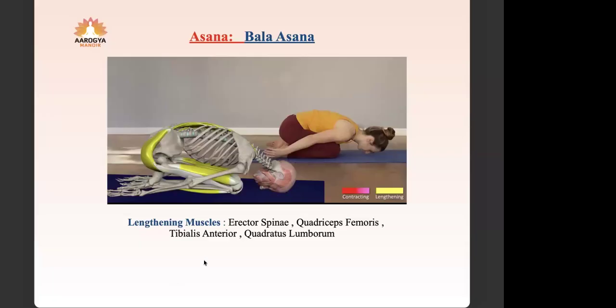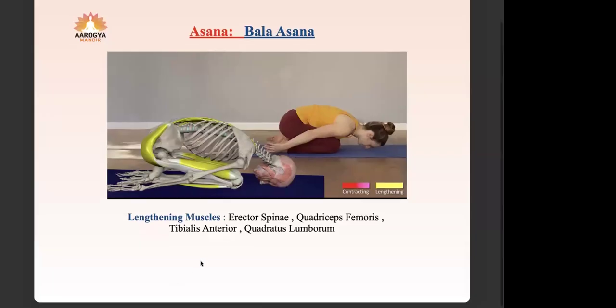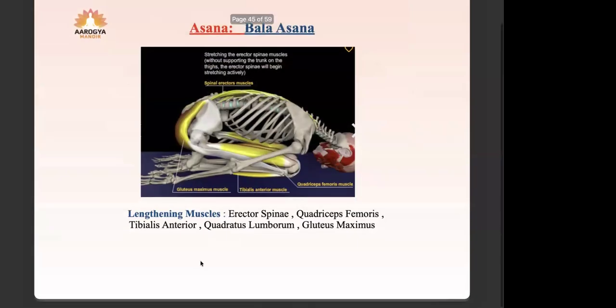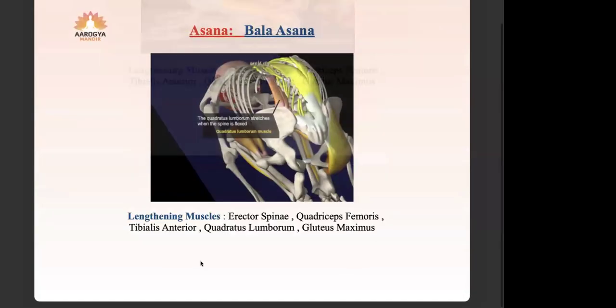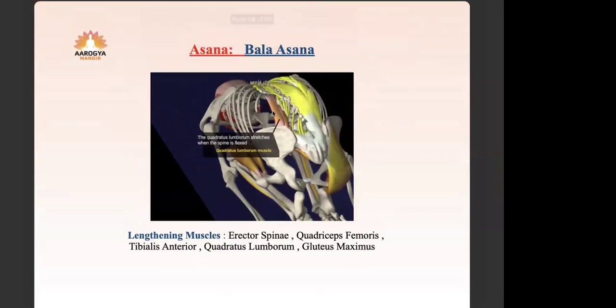That should help the person with back stiffness. You can also see here the quadratus lumborum muscle is also getting stretched in child pose, so it helps to release back pain.